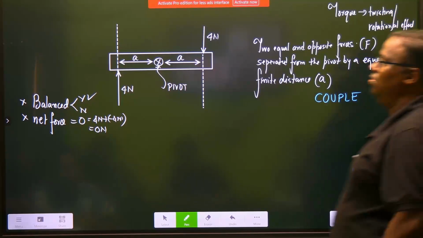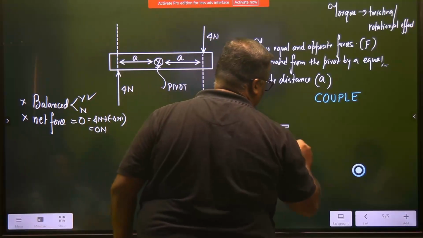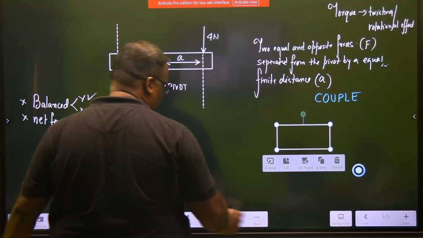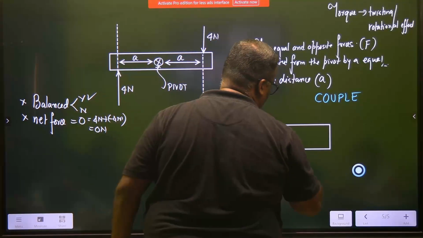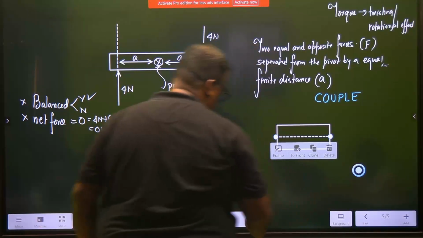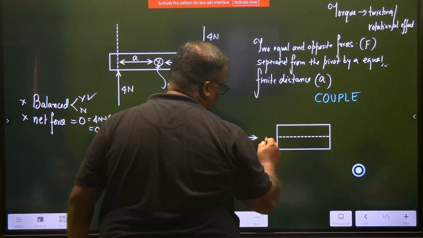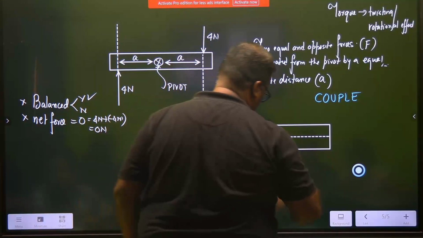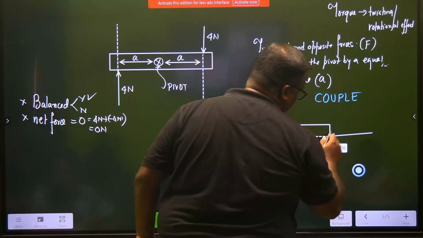So the only scenario where you can expect equilibrium is something like this. And this is known as the body being in static equilibrium.